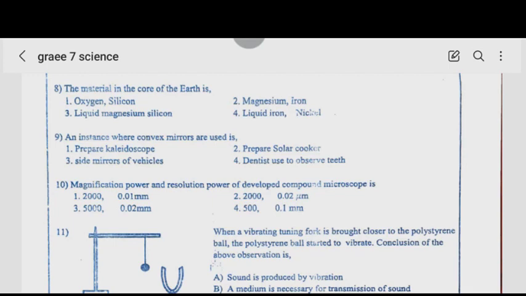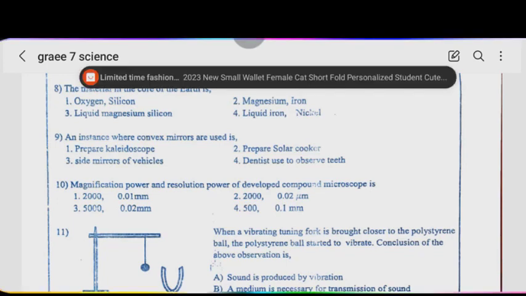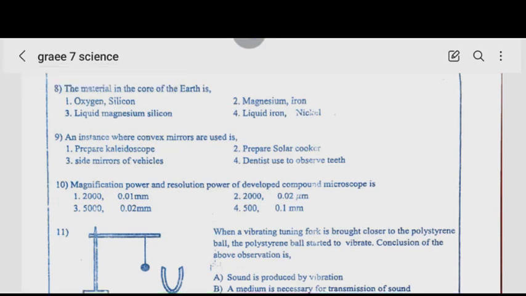Are you with me? What is there in the surface, what we call the crust? Oxygen, very good. What else? Silicon. Oxygen and silicon in the crust.